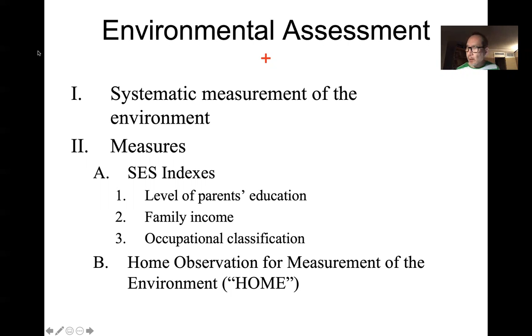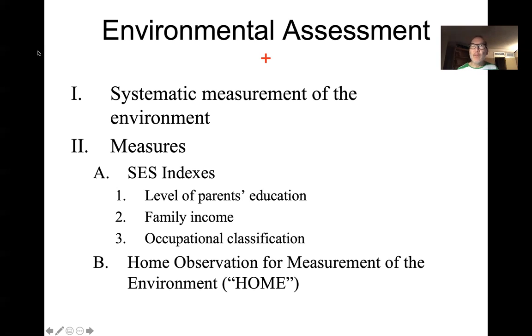The other is occupational assessment, as well as home assessment. Those are the big areas of environmental circumstances which account for most of people's daily functioning: school, work, and home. Essentially, what is done is a systematic measurement of the environment.